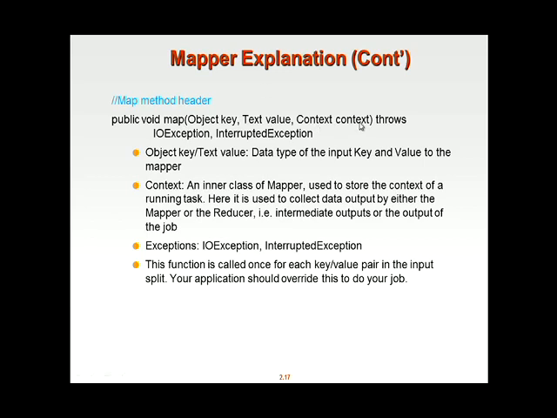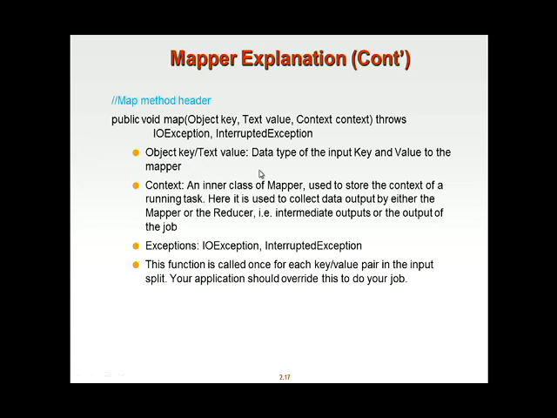And this Context object, this class stores the output for your map function and also some other environment variables for this map function. And you need to use this Context object to write your mapper output to the file systems.